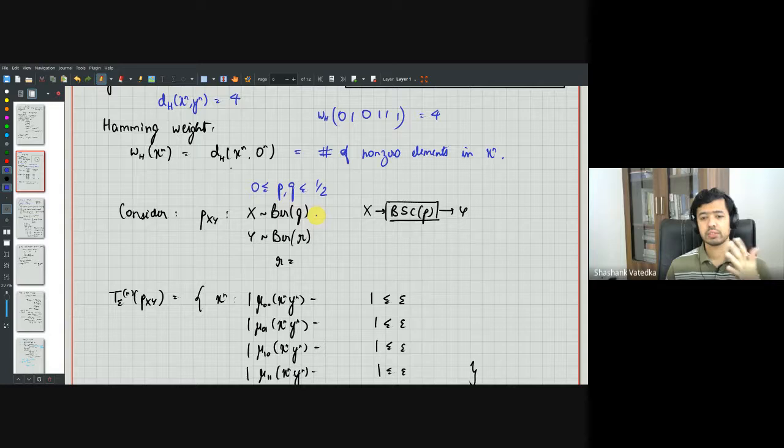Okay, so x is going to be Bernoulli q, and therefore y is going to be some Bernoulli r, right? Where what is r equal to in terms of p and q?